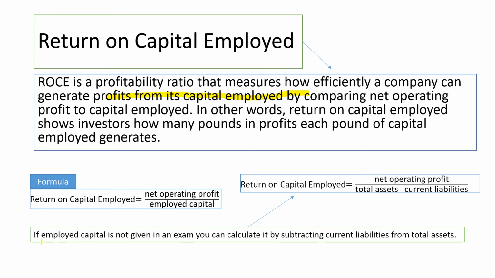Sometimes in the exam you might not be given the capital employed. If capital employed is not given, you can calculate it by subtracting current liabilities from total assets. You might be given the current liabilities and total assets, but not the capital employed. It's the same principle, you use the same formula, but you use total assets take away current liabilities and it will give you the same answer.